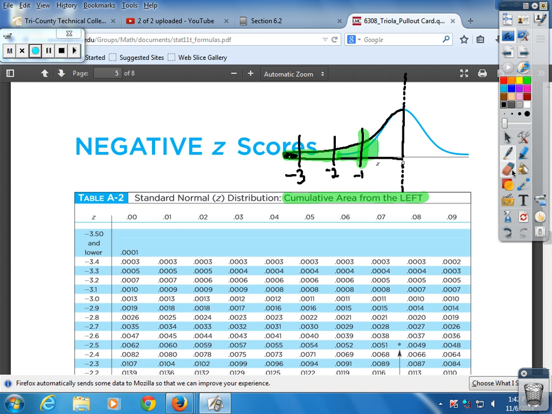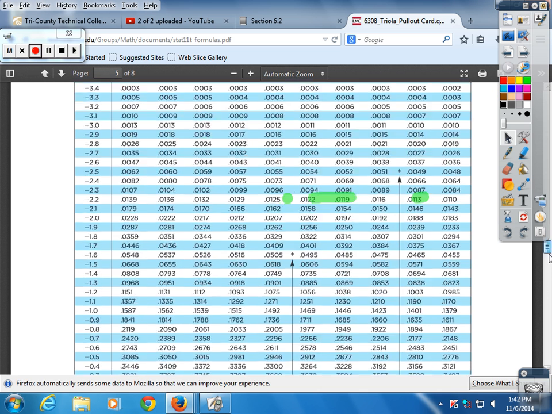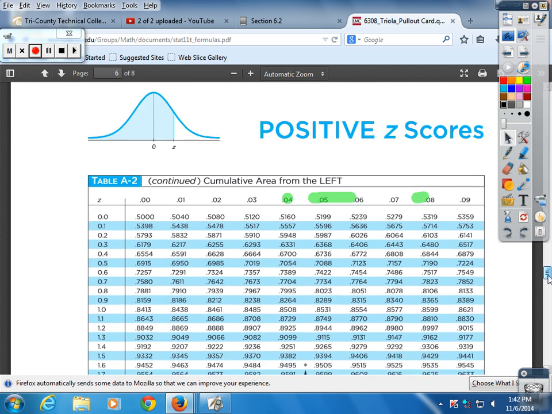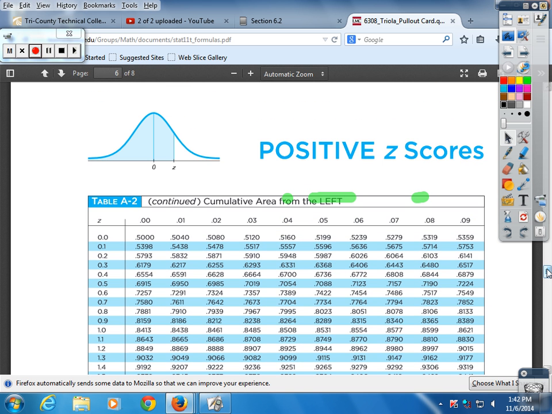Well, let's take a minute and, again, I want you to highlight cumulative area from the left, and that is right there.